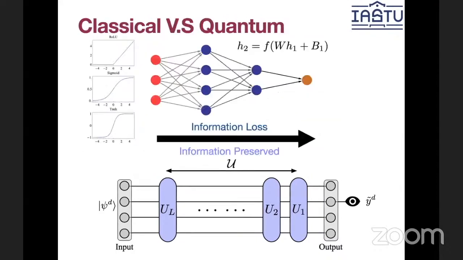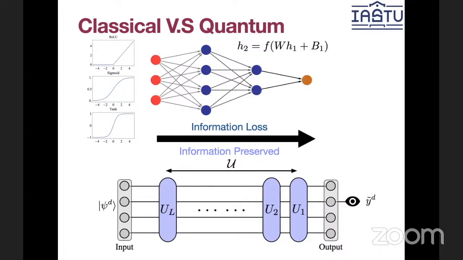And then let's compare the classical neural network and the quantum neural network. One element of the classical neural network is the nonlinear activation function. There are three popular activation functions, such as the rectified linear unit function, the logistic sigmoid, or the hyperbolic tangent. The derivative of this nonlinear activation function has a very simple analytical form.